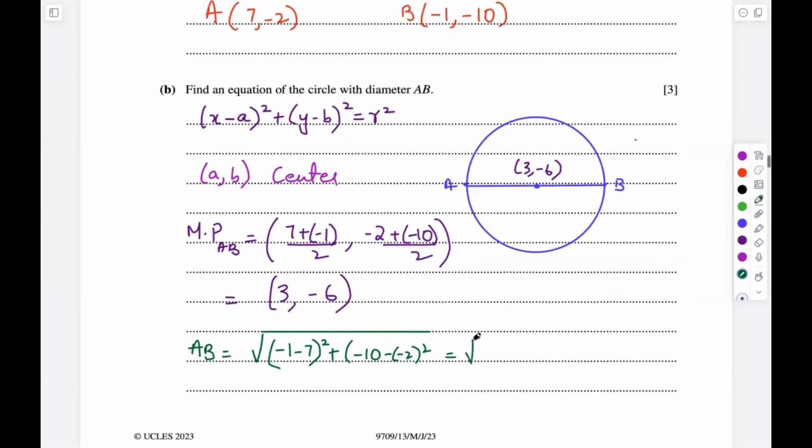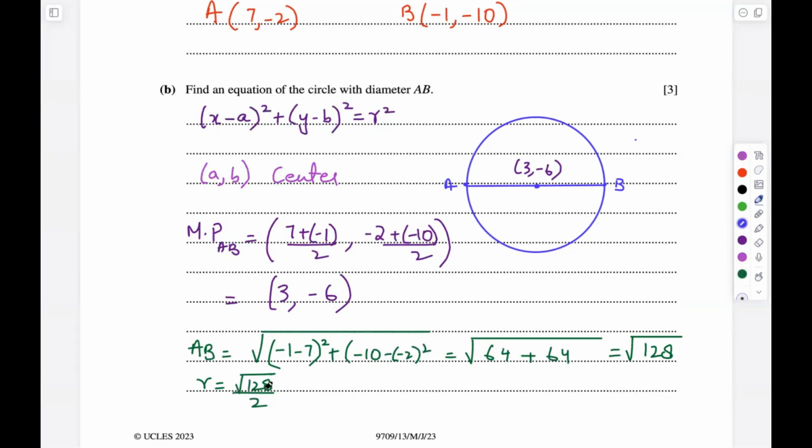Simplifying this, we get the square root of minus 8 whole squared, that will become 64, and minus 10 plus 2 is minus 8 again, minus 8 whole squared will be 64. So that will be equal to the square root of 128.